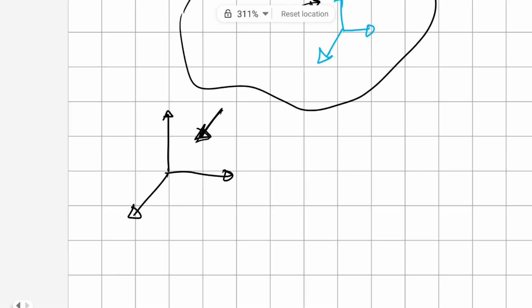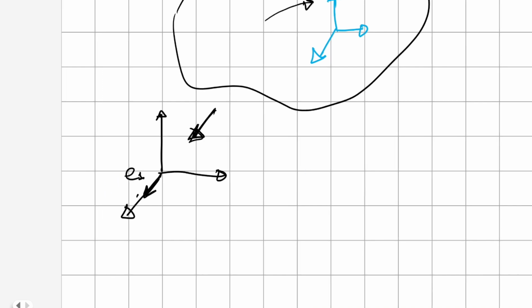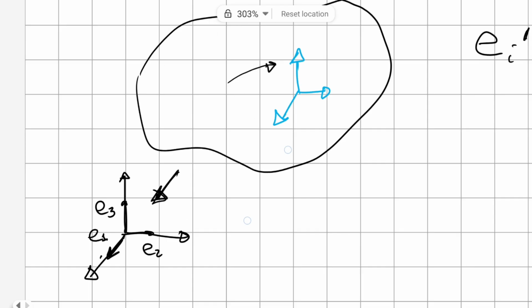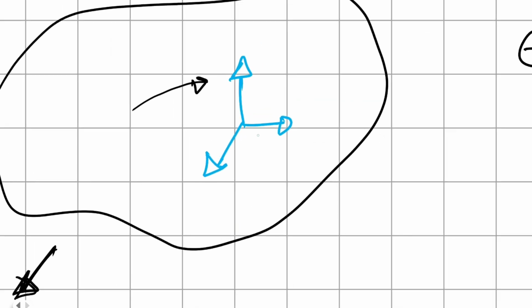In this case, E1 will be this unit vector that points in the x axis. Actually E1 can be seen as the x, but we just name it as E1. In this case, this will be E2 and this E3. And then for this coordinate system, we will have E1 prime, E2 prime, and E3 prime.